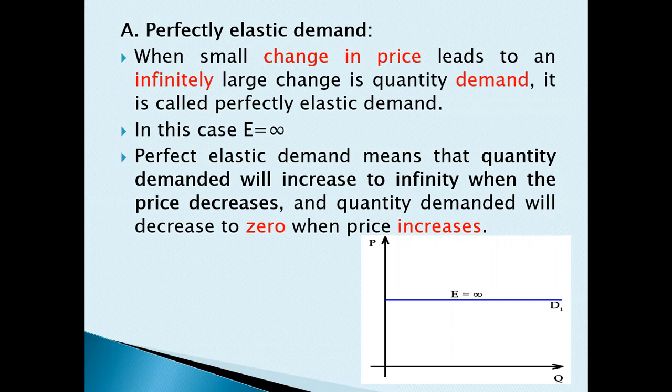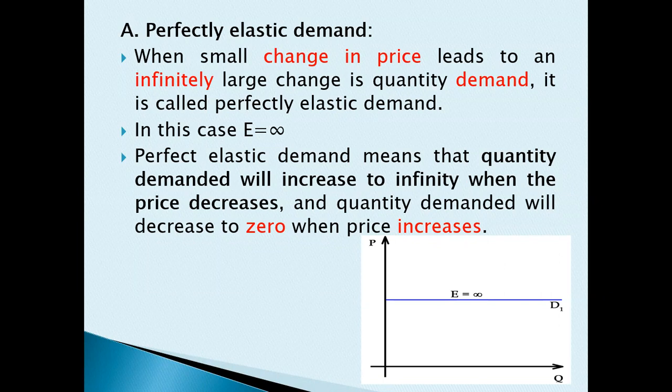It is called a perfectly elastic demand. In this case, E is equal to infinity. E stands for elasticity of demand, which is infinity. यानी थोड़ा सा प्राइस में चेंज करने से infinitely डिमांड में चेंज होता है. That is perfectly elastic demand, where elasticity is considered as infinity.